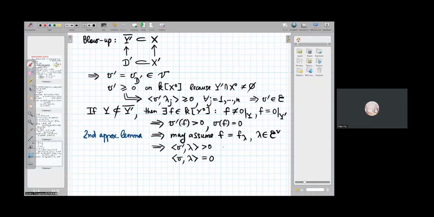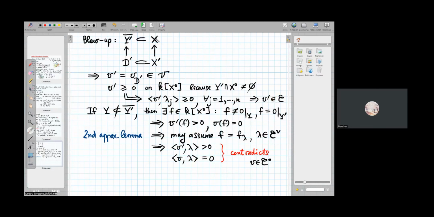But this actually contradicts that v is in the interior of the cone C. Because when you have a vector in the interior of some cone, then taking any vector in the dual cone, if this pairing is 0, then the pairing of lambda with all other vectors in the cone C should be 0, and also with v prime.